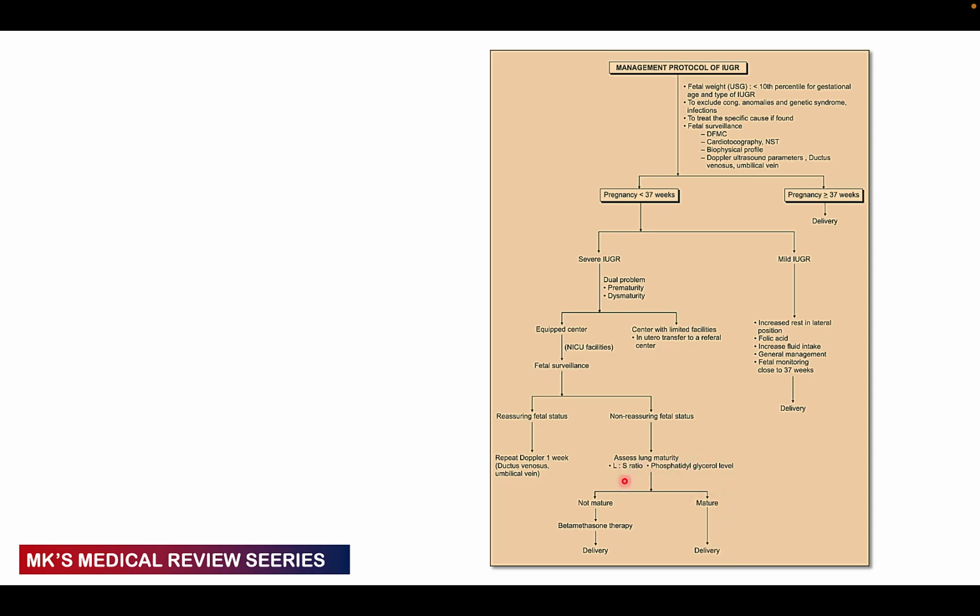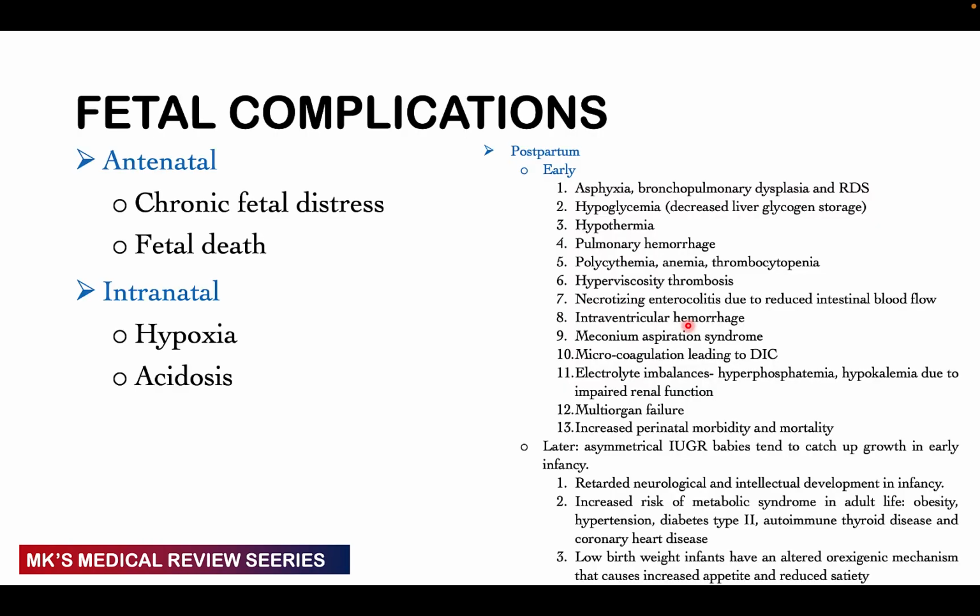If they are mature, we deliver. If they're not mature, we give them some steroid therapy, either betamethasone, or in our case here, dexamethasone, then we deliver them. If the center has limited facilities, then we should ideally refer these patients to a hospital that has NICU services and this continuous monitoring, where they can be delivered.